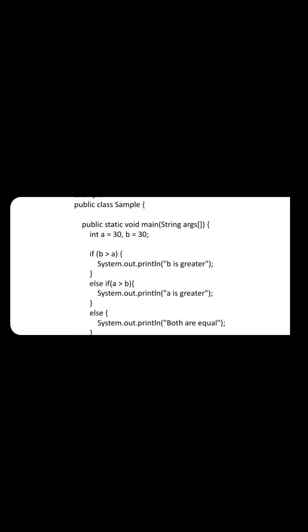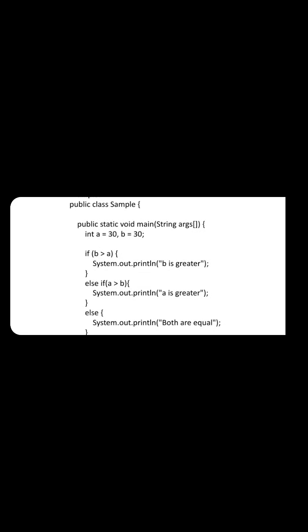Then else if means I want to check another condition here. That is whether A is greater than B. Whether 30 is greater than 30? No. So directly we go to, both are equal.